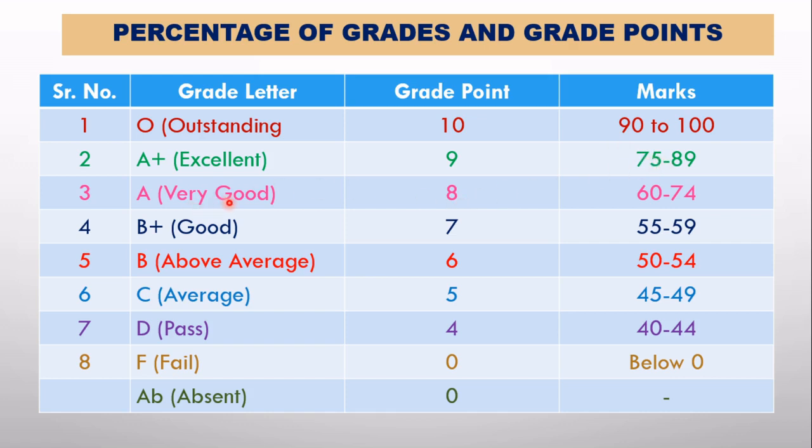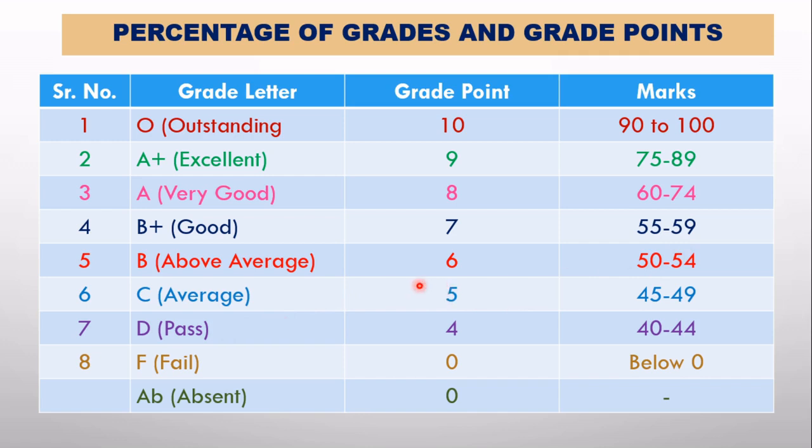A is considered very good, grade point will be 8, for marks between 60 to 74. B plus is good and grade point will be 7, and the marks for this are 55 to 59. B is above average and grade point will be 6, for 50 to 54 marks.